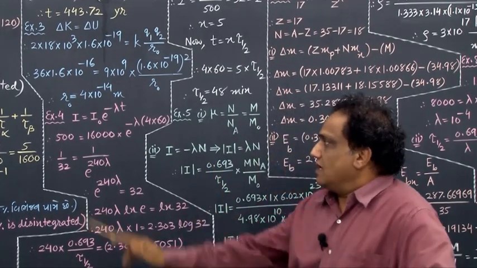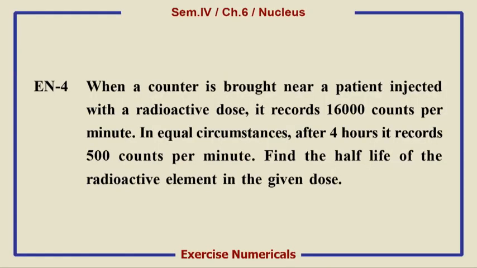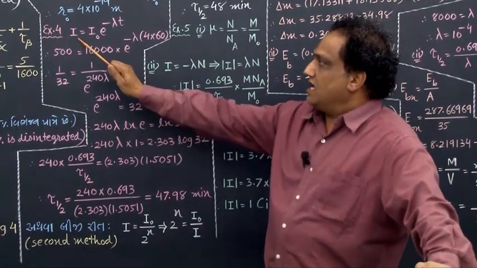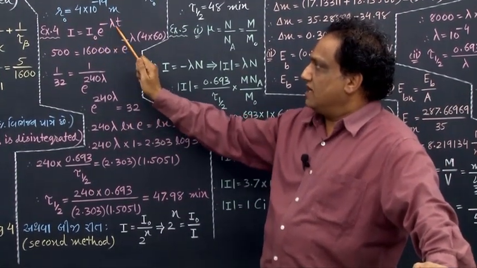Fine. Now kindly read this statement of number 4. I equals to I0 into e raised to minus lambda t.